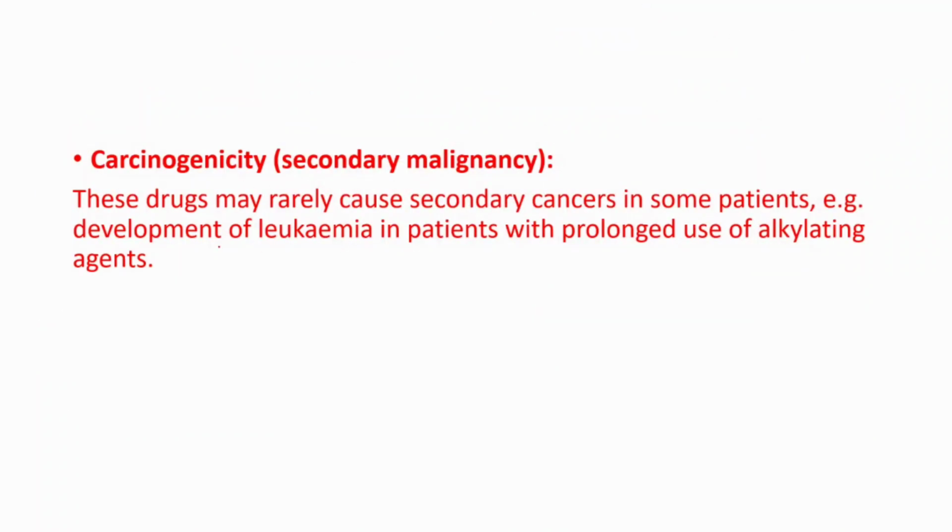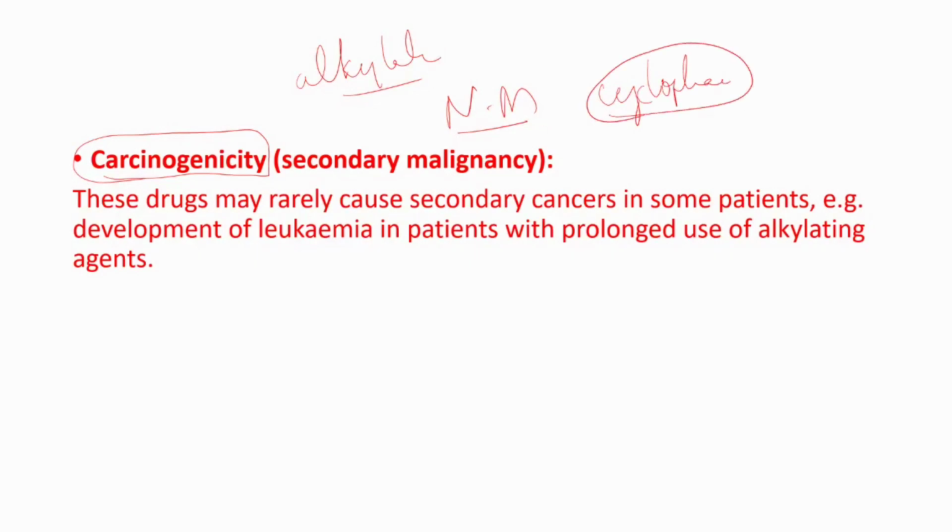And next we have another very important adverse effect which is called carcinogenicity. As I was telling you, most alkylating agents and nitrogen mustards, and as we are discussing cyclophosphamide, this drug is highly carcinogenic. Okay, so this carcinogenic ability can cause further cancer in the patient. A cancer patient who is taking the anti-cancer drug cyclophosphamide can develop another cancer.